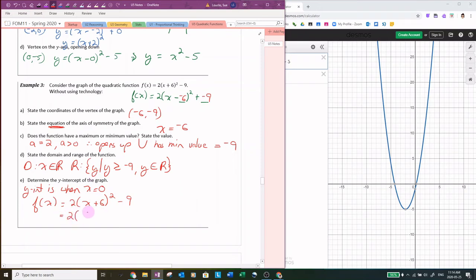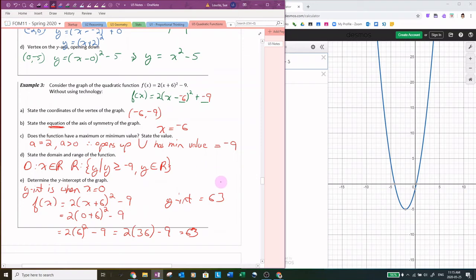So this becomes 2 times (0 plus 6) all squared minus 9, which is 2 times 6 squared minus 9, equals 2 times 36 minus 9, which is 63. Okay, so the y-intercept is 63.